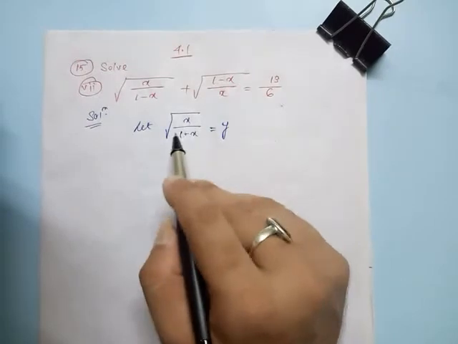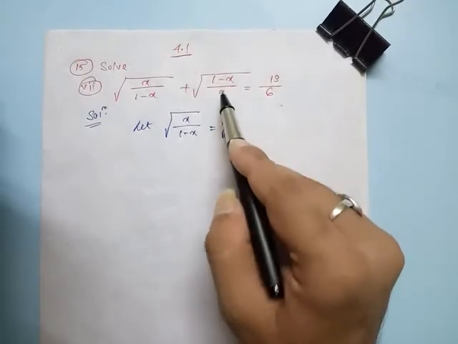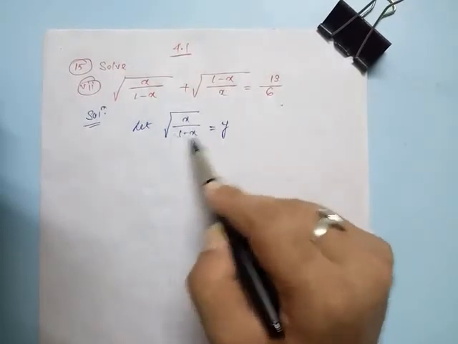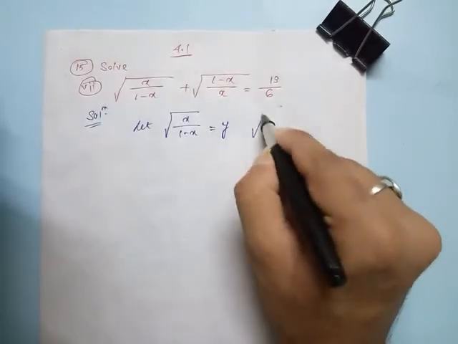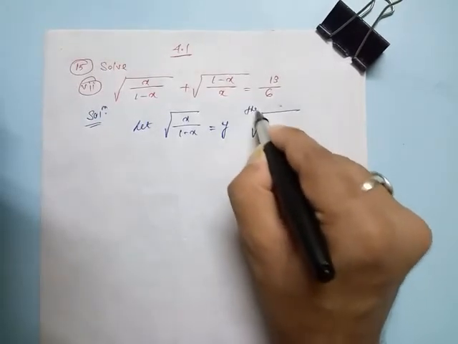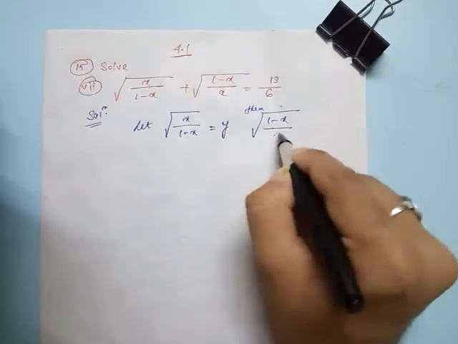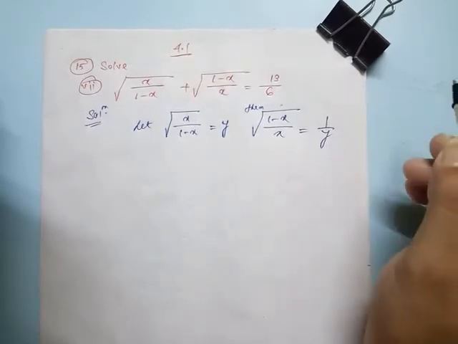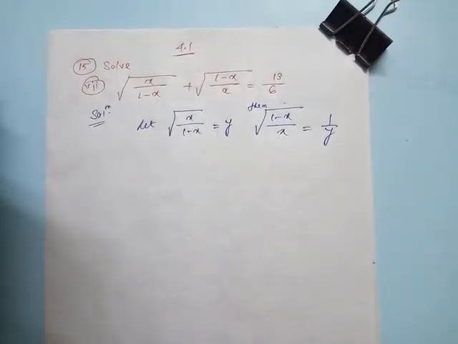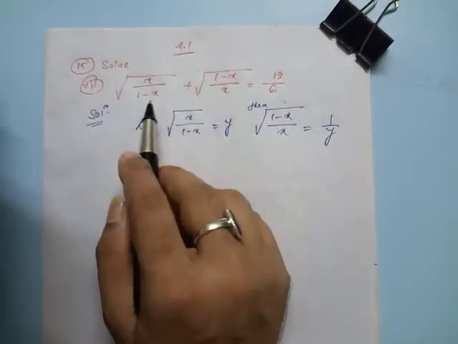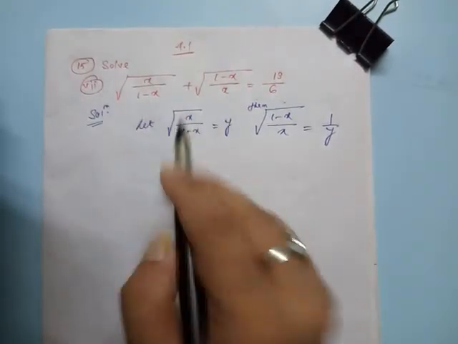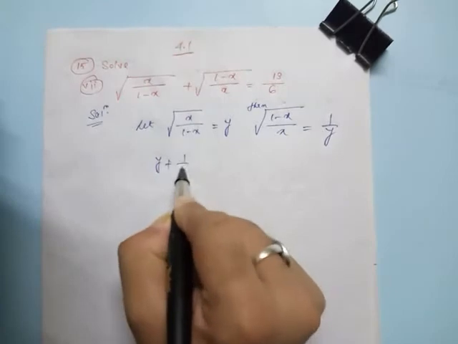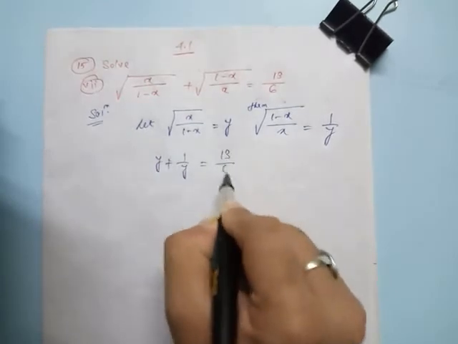If root over x by 1 minus x equal to y, then the reciprocal of this, root over 1 minus x by x, is 1 by y. So according to the question, y plus 1 by y equal to 13 by 6.